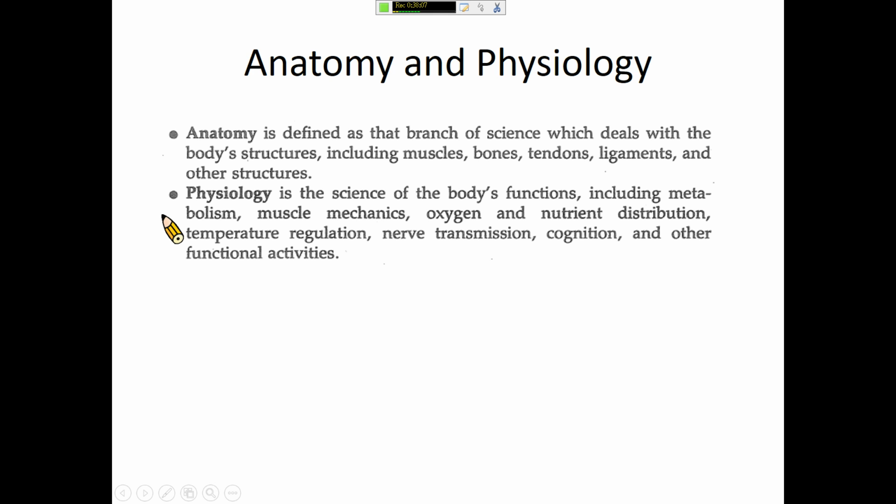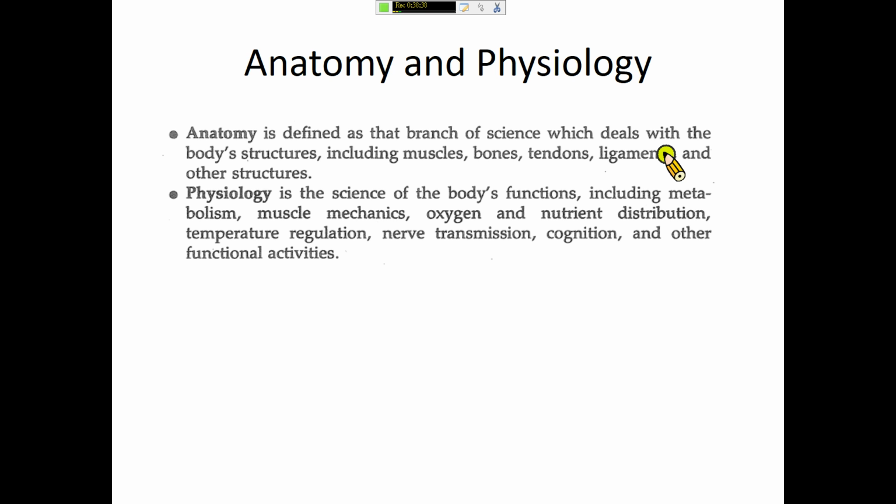Okay? The human body has all these structures: muscles, bones, tendons, ligaments, okay, and others. Just trying to know all these is something very, very complex, because the human body is very complex.